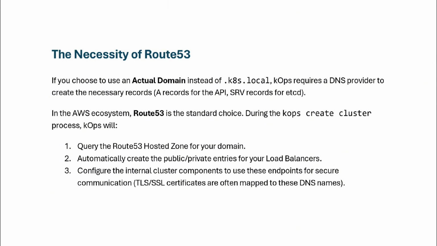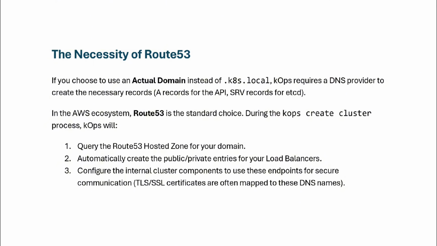During the kOps create cluster process, kOps will query the Route 53 hosted zone for your domain, automatically create the public or private entries for your load balancers, and configure the internal cluster components to use these endpoints for secure communication. TLS or SSL certificates are often mapped to these DNS names.